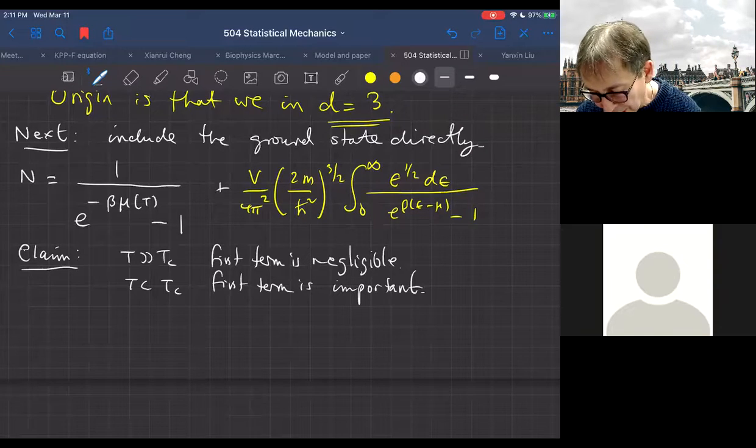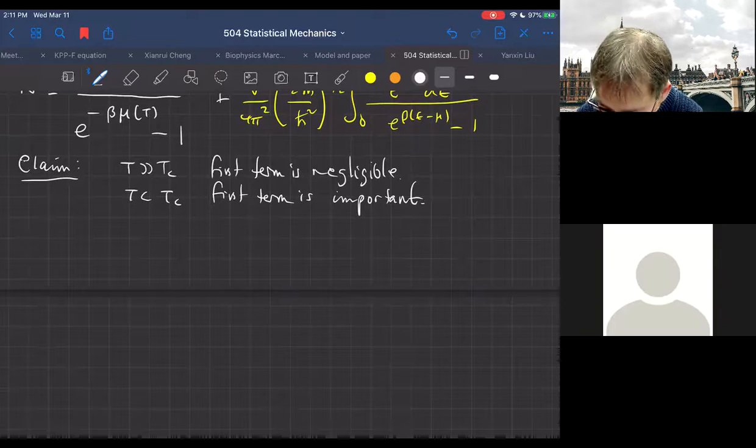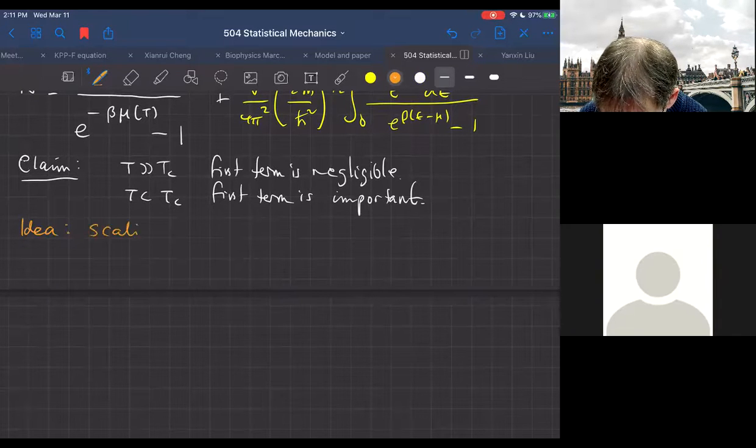And the way that we're going to see that this is true is from doing, again, a scaling analysis for the thermodynamic limit.